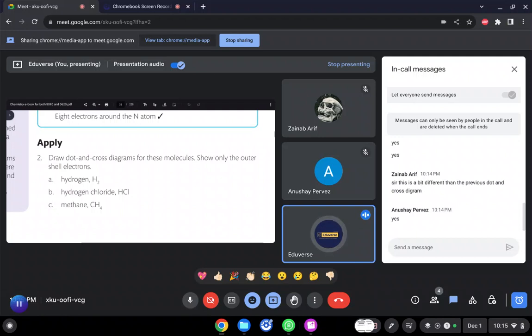So when you show the losing and gaining of electrons, there is no need to draw a diagram just like a Venn diagram. That is why it is a bit different, or I must say an entirely different diagram. Just the dot and cross concept is the same, but the way we drew the ionic bond and the one we have just drawn is totally different. All right.